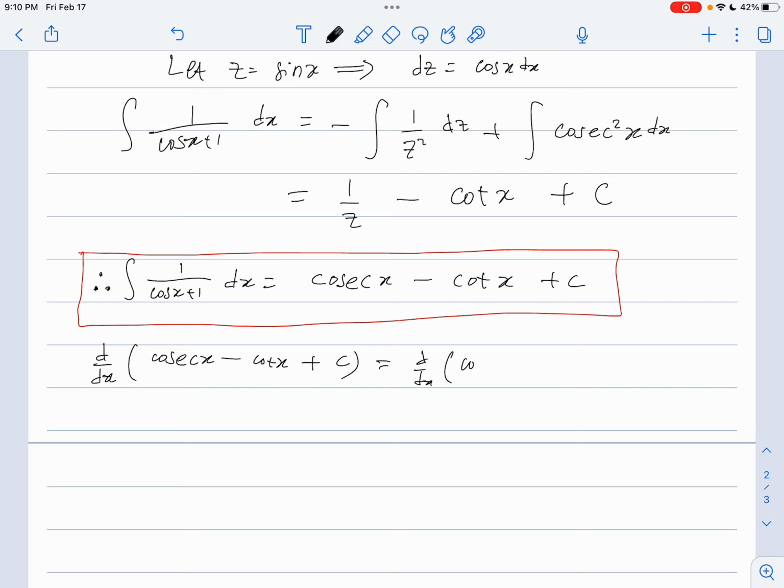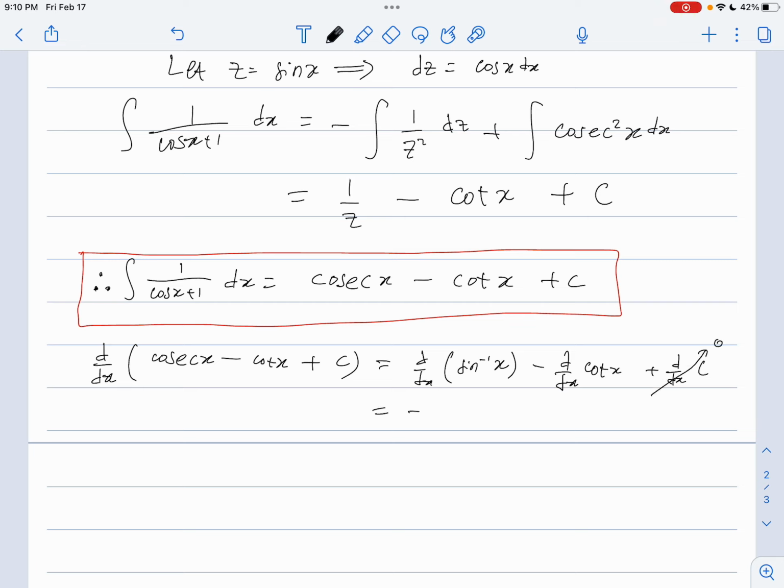So we have sine x to the power of negative 1, minus the derivative of cotangent x, plus the derivative of c, which is equal to 0.